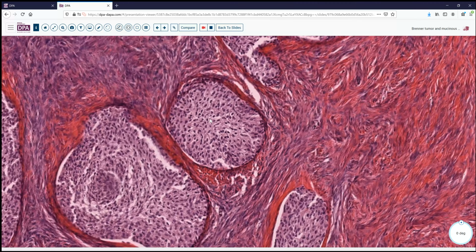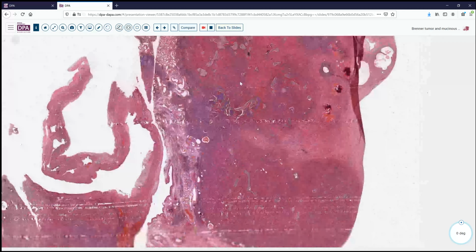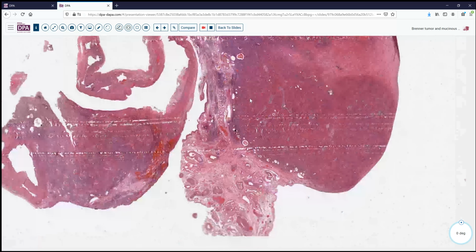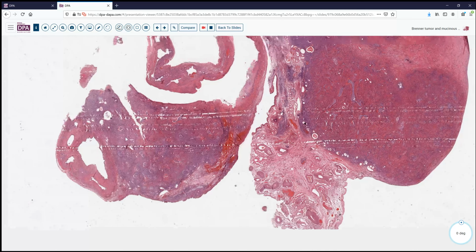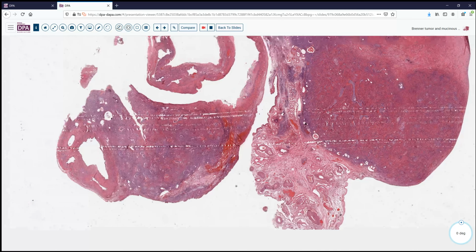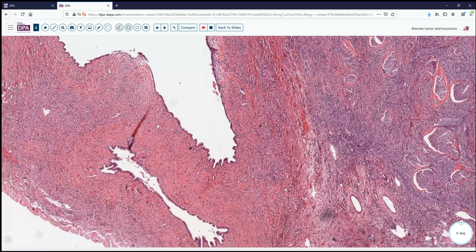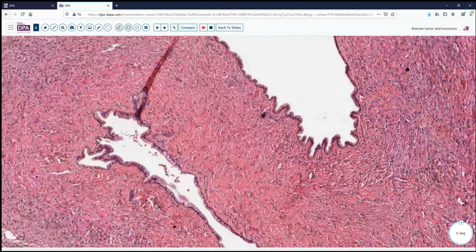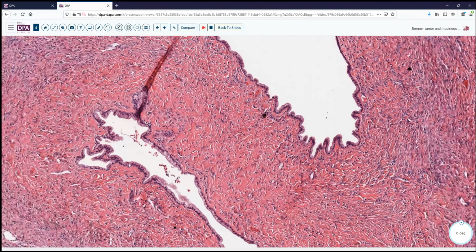Now, what makes this maybe a little bit distinctive is that over here next door, we've got some of it here, but we've also got this more dilated cystic space. And as we look at this area, we see that, lo and behold, this has a mucinous character.